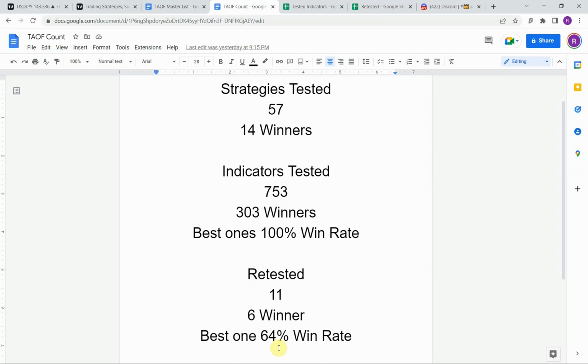Now you need to go back and watch those videos to understand the context of how they were able to achieve that. So go back and watch those videos and see what you can get out of those winning indicators. And we've also retested in the advanced testing 11 of the winning indicators. 6 of them have been able to maintain the winning status, with the best one at a 64% win rate. And keep in mind that we test most of these strategies and indicators on the Forex market, but they can be applied to just about any market universally.